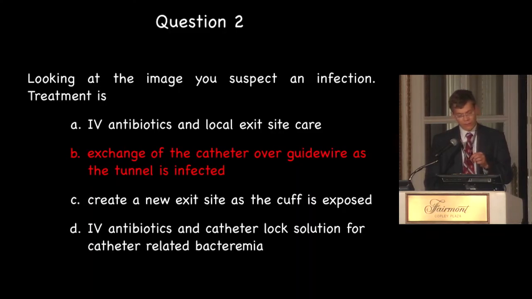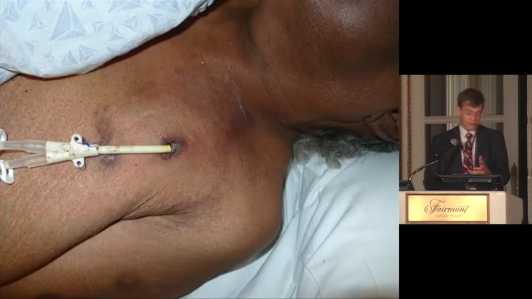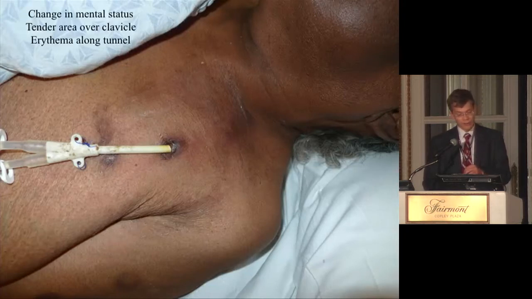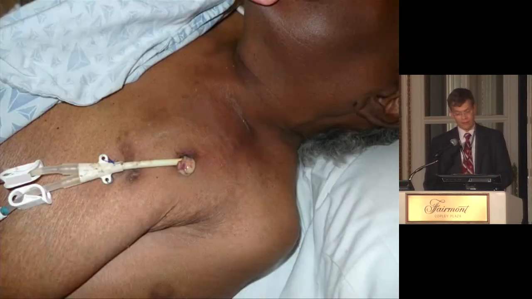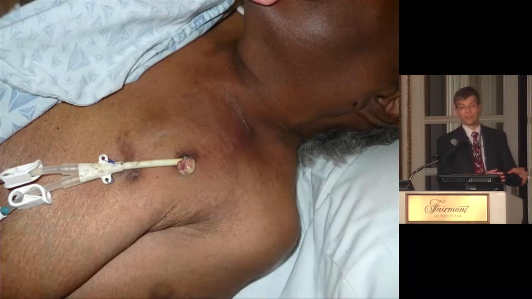If the second answer was, well, you can exchange it over guide wire if the tunnel is infected. So here's a patient who presents slightly differently, change in mental status. There's now tenderness over that erythematous area overlying the clavicle along the tunnel site. And if you then massage the tunnel towards the exit site, you get this purulent discharge that comes out.